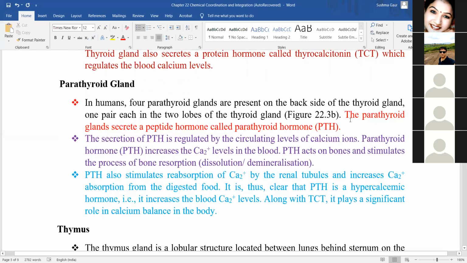And in this chapter, what you have to remember? You have to remember the name of the gland, the hormones that are produced by the gland, where this gland is located, and what are the diseases related to these glands. What I will suggest you all is to make a table.